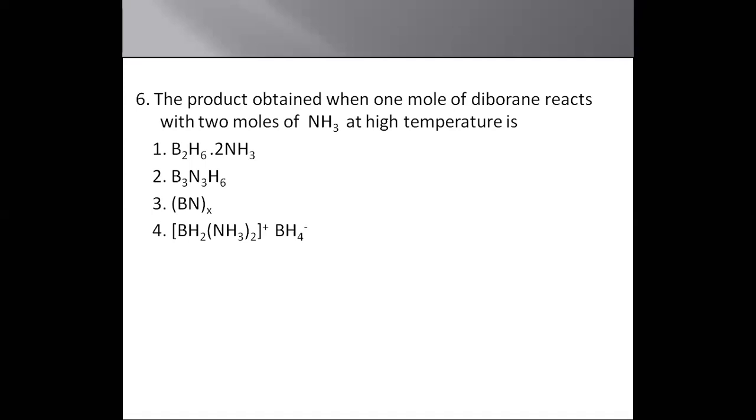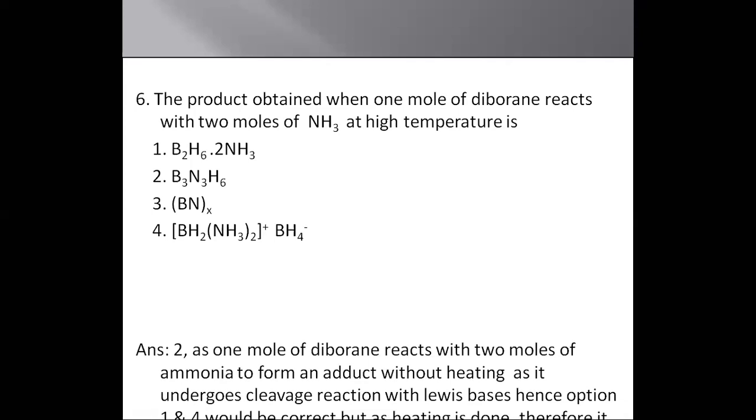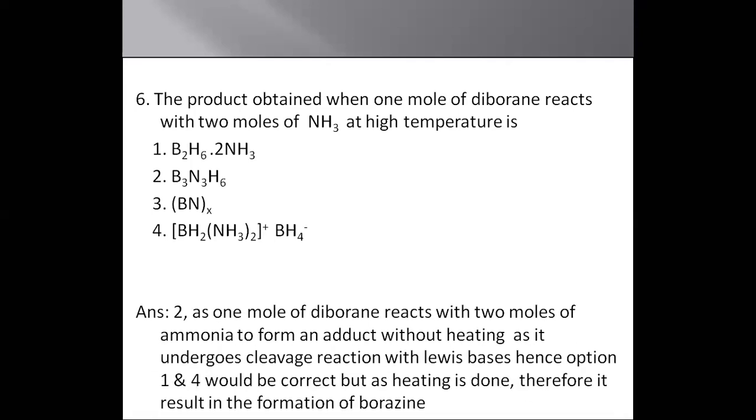But whenever diborane is heated with 2 moles of ammonia at high temperature, instead of forming an adduct, it results in borazine, that is, inorganic benzene. So 1 mole of diborane reacts with 2 moles of ammonia to form an adduct without heating, as it undergoes cleavage reactions with Lewis bases. Hence, options 1 and 4 would be correct.